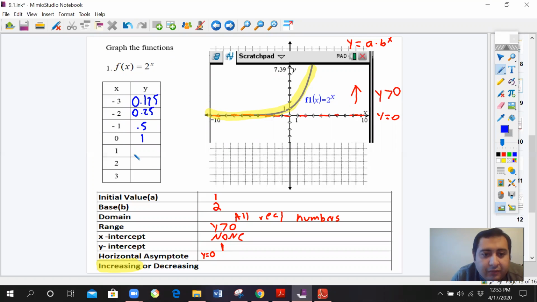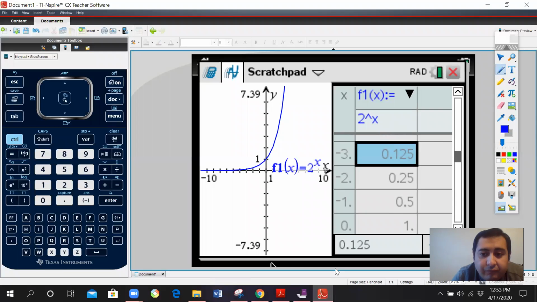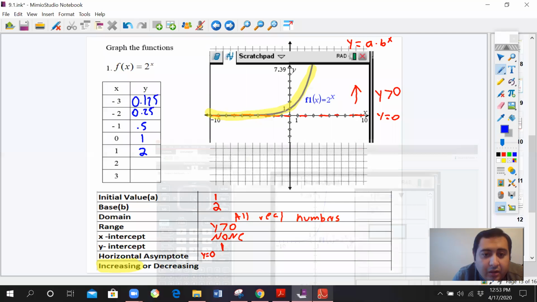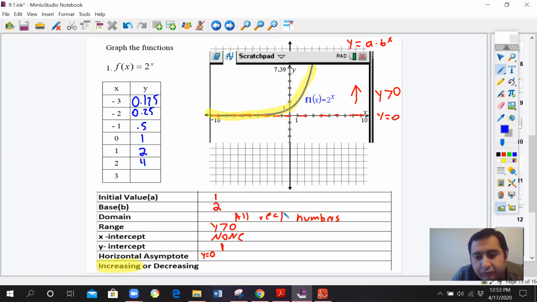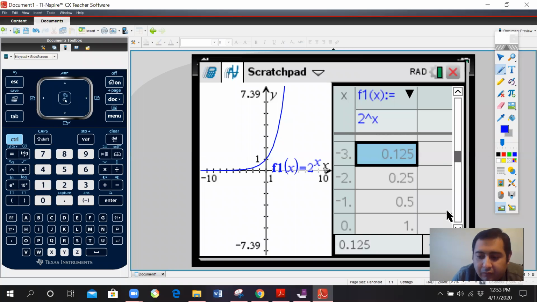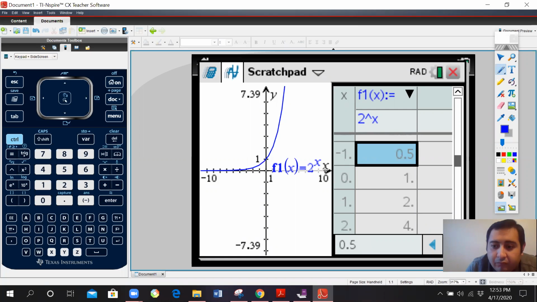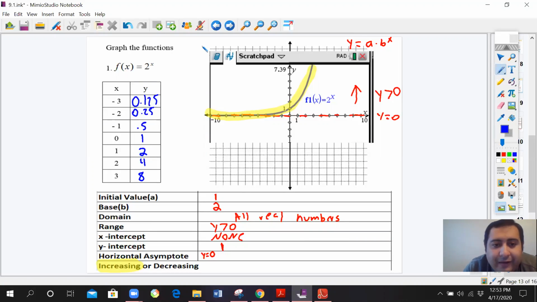And for the 1, we have a 2. And here we have a 4, and then we have an 8. What happened, basically, is you just substitute the value for x, and you get a result. Okay? So that's basically what you're doing.